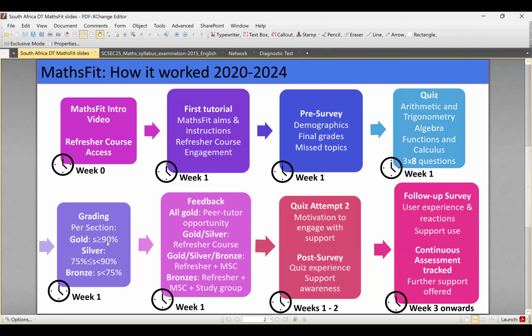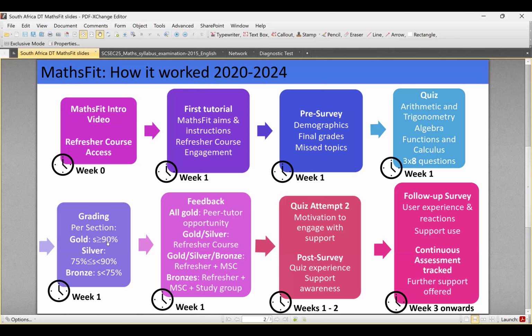And then there was also another survey, which Anthony, as he said, will talk about this afternoon. Today I'm more focused on the refresher course rather than the diagnostic testing.